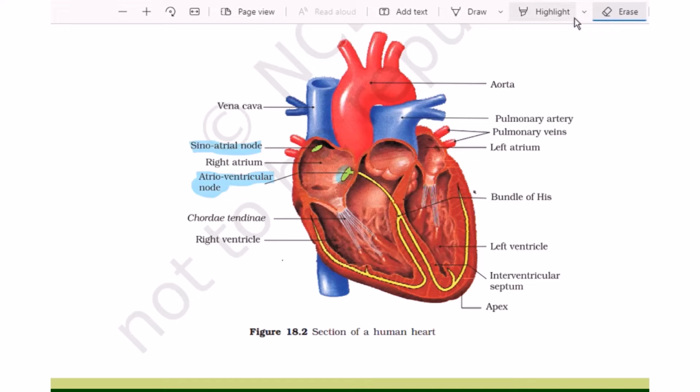That is why it's called the sinoatrial node, and you can see it is on the right side of the heart. The atrioventricular node is at this junction over here, between the atrium and the ventricle of the right side. So that's why it is named the atrioventricular node.